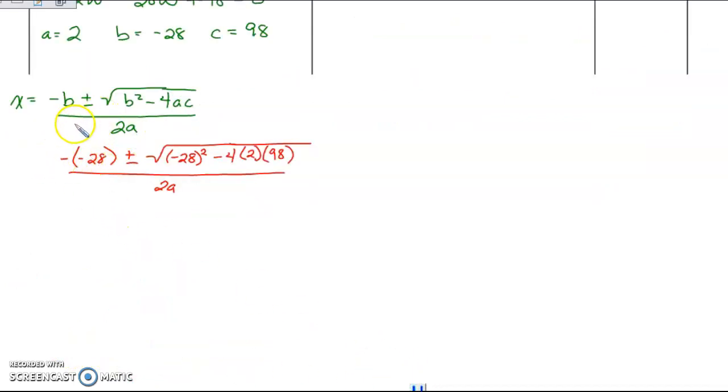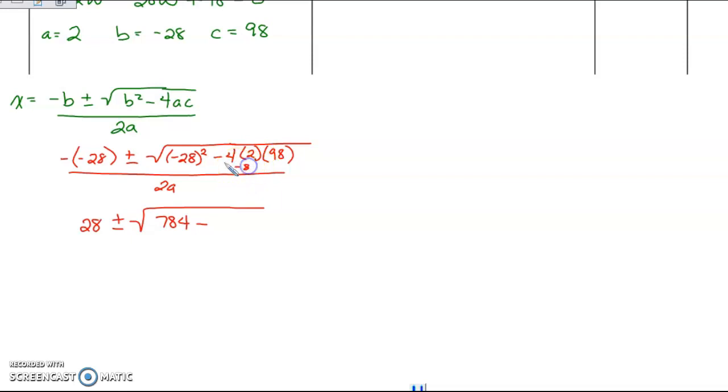All right, so now I'm going to take the opposite of negative 28, which is positive 28, plus or minus the square root of... I need to know what negative 28 squared is. And that is 784, minus 4 times 2 is negative 8.